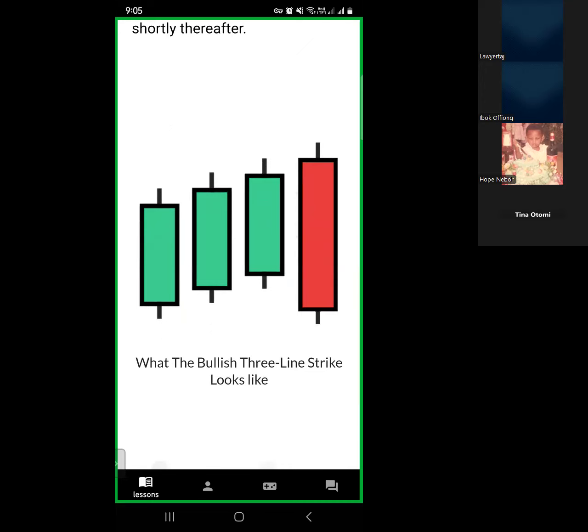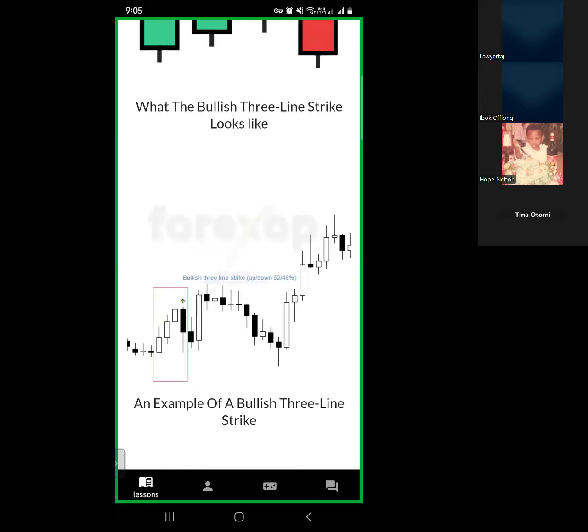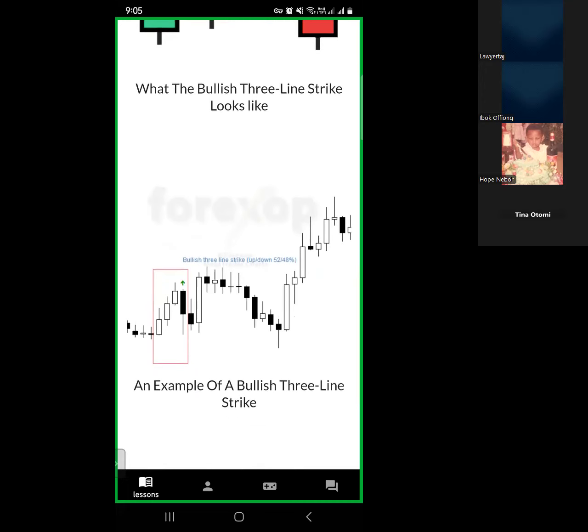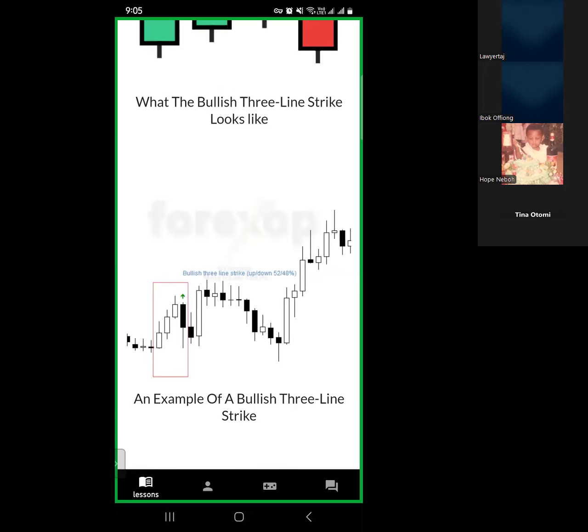That is the bullish three-line strike candlestick. So we can see the formation on here when the bullish three lines showed up, and then you saw the fourth one, which is the red candle, and then afterwards there was still an increase in price, an increase in value.